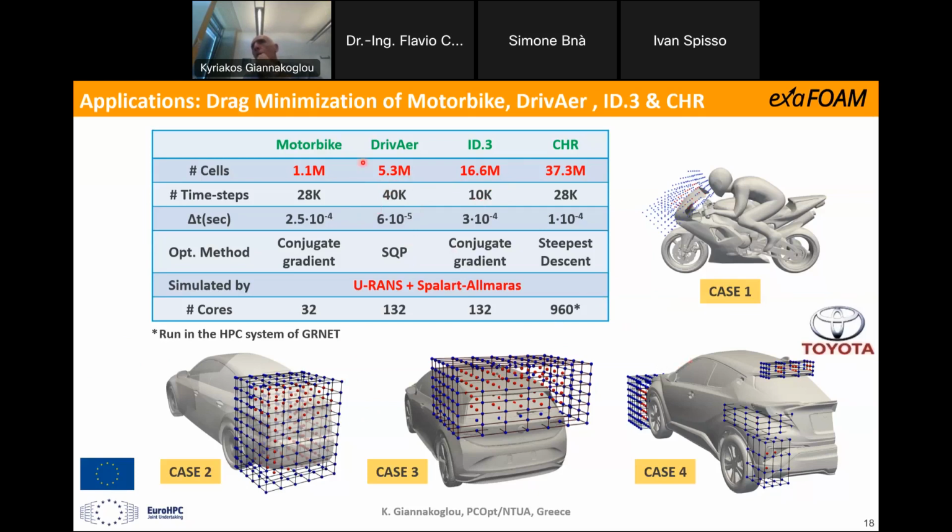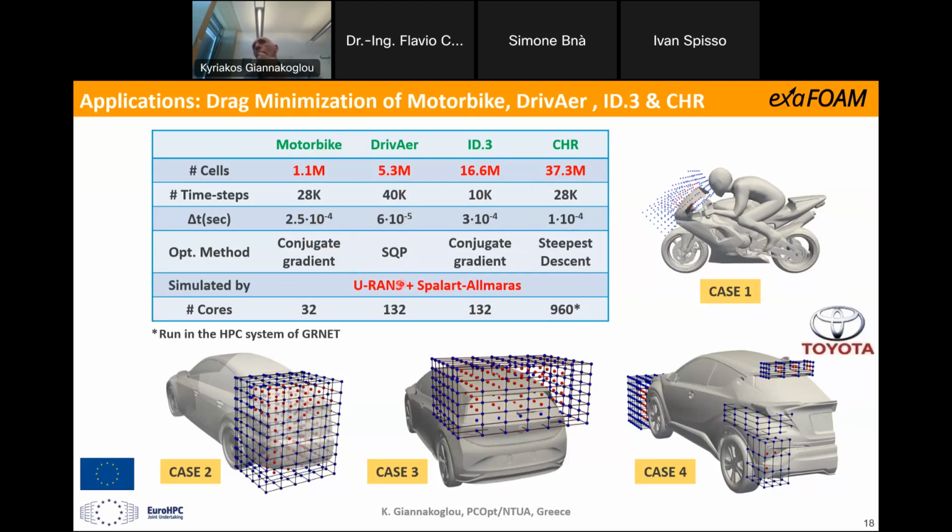Why have we selected so many cases? Because in each of them, we have some different, first of all, grid size. We are starting from 1 million cells and we end up with about 40 million cells, and we are also changing the number of time steps from 10,000 up to 40,000 time steps. We have different time steps, different optimization methods.